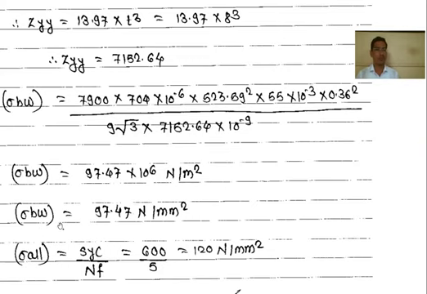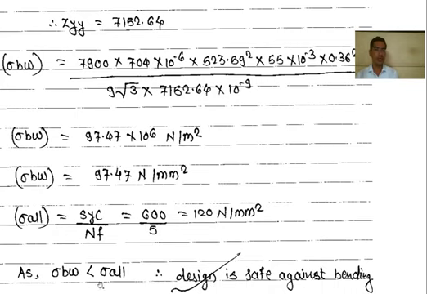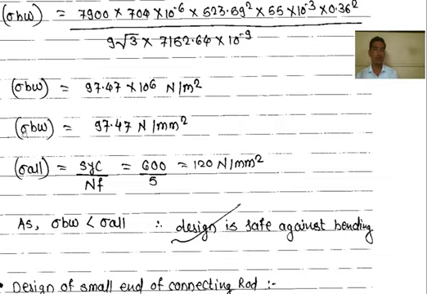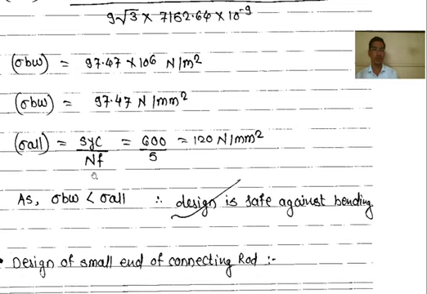So the calculated stress value will be 97.47 Newton per mm square. Now we have the allowable stress for connecting rods, SYC upon NF. Therefore, that will be 120 Newton per mm square. So our calculated stress is less than the allowable stress. So the design is safe against the bending moment. So this will be the bending stress calculated for the connecting rod.